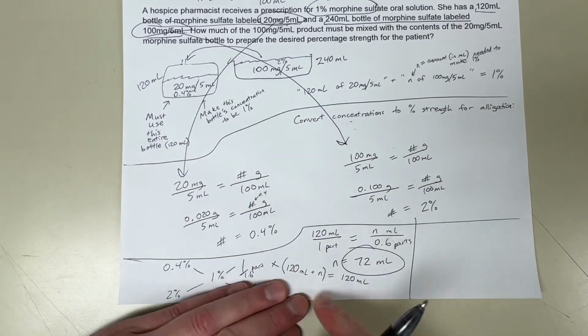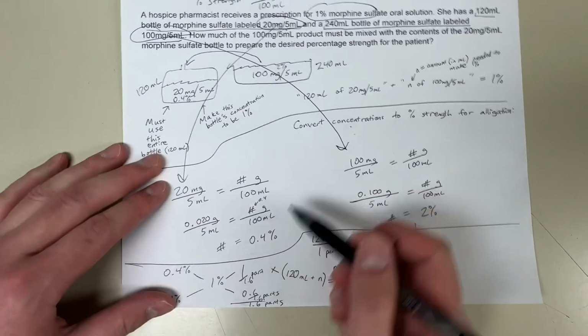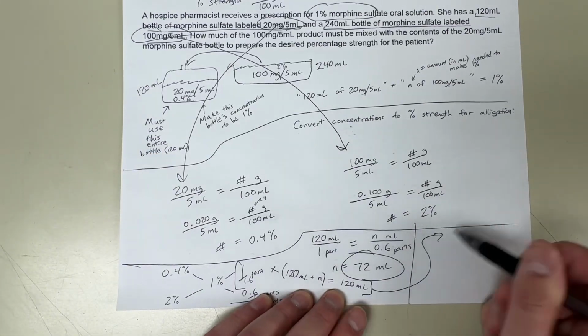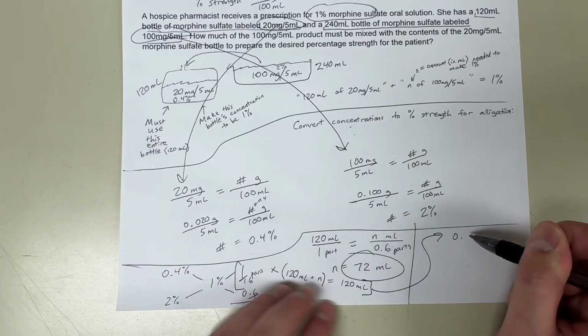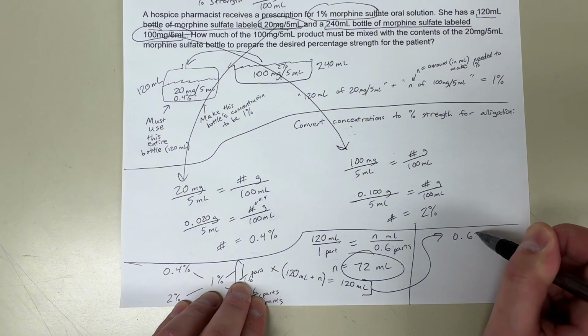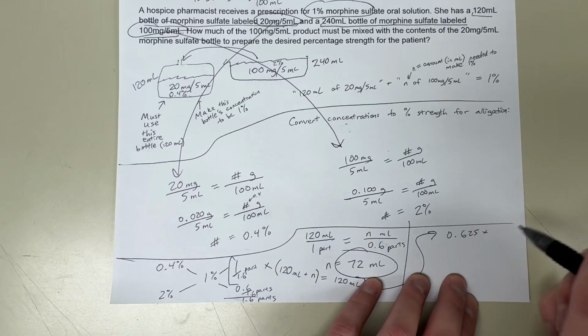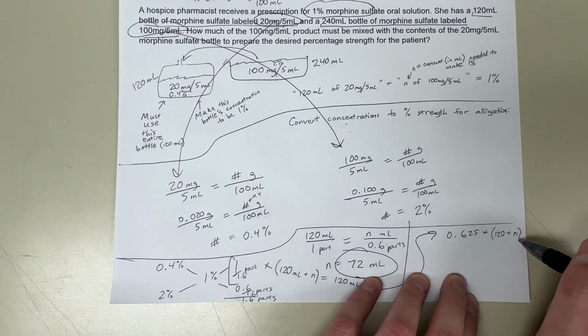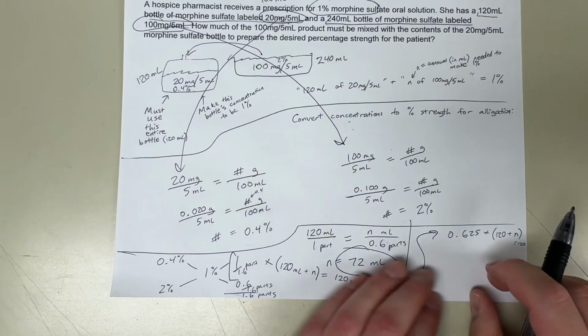And so when I solve this algebraically, 1 divided by 1.6 is 0.625, and then times 120 plus N equals 120.